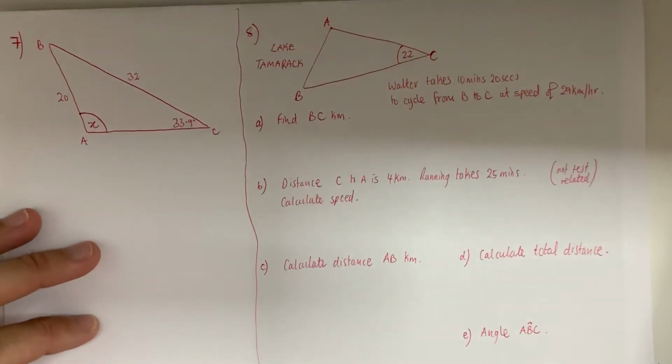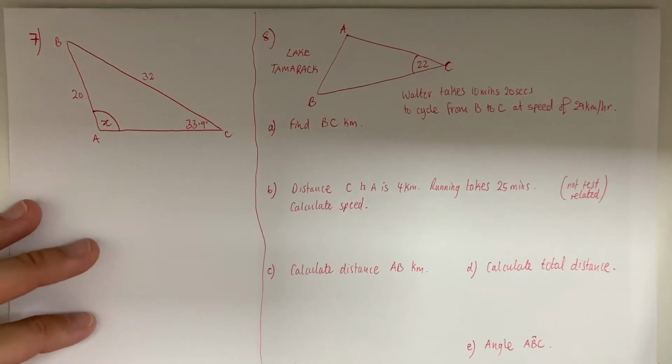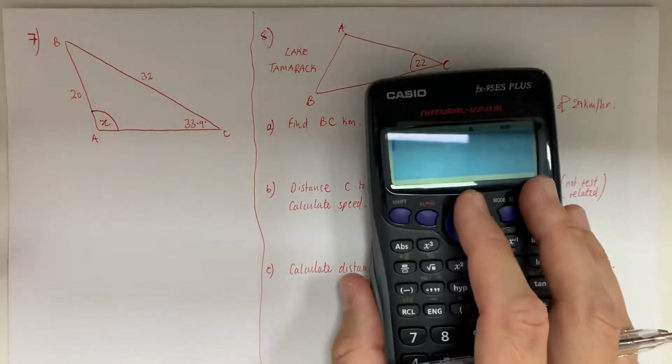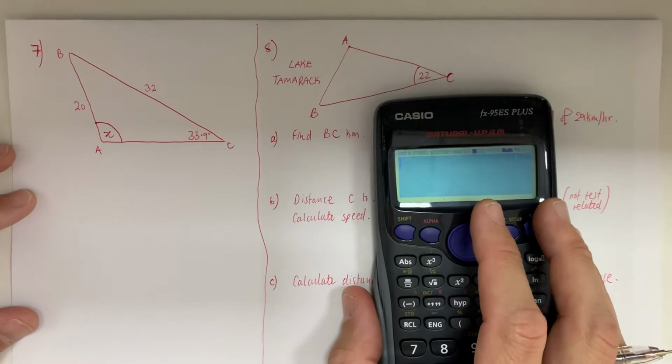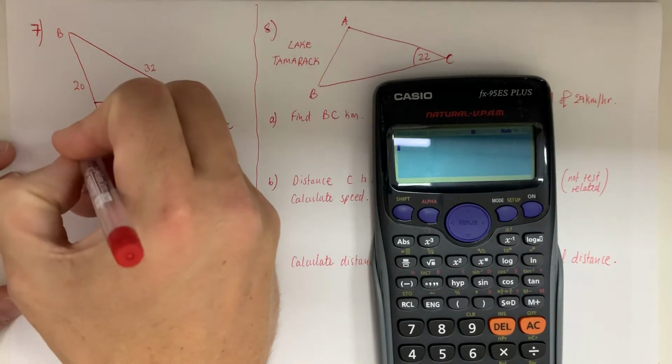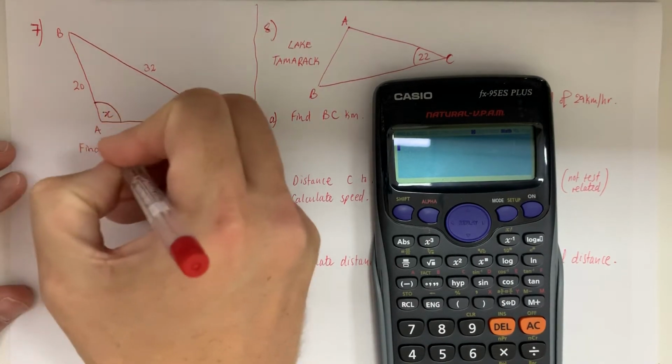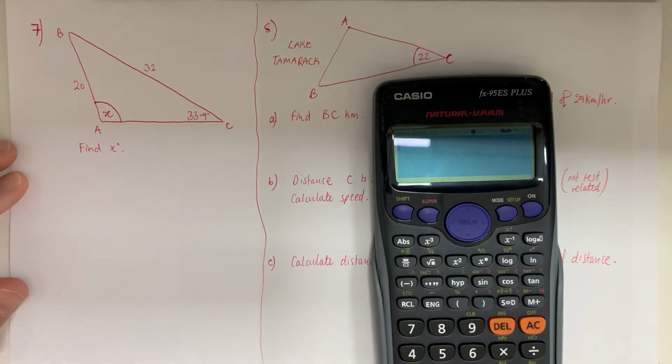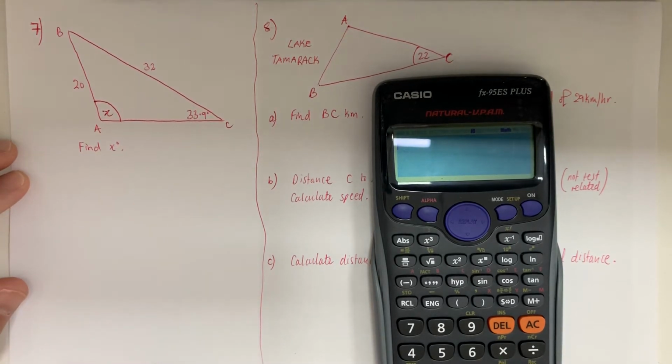So 8's a little long one. Question 7's pretty straightforward. So question 7 asks us to find the value of x, which is an angle this time, and it just basically tells us that it's an obtuse angle.